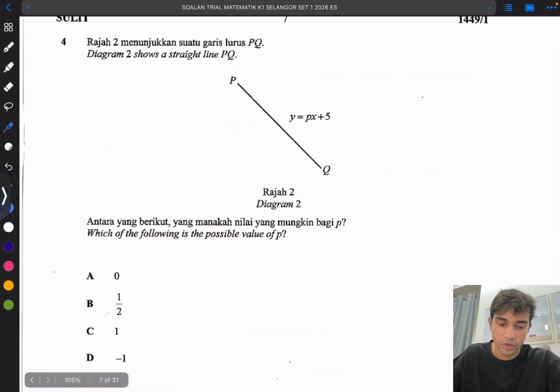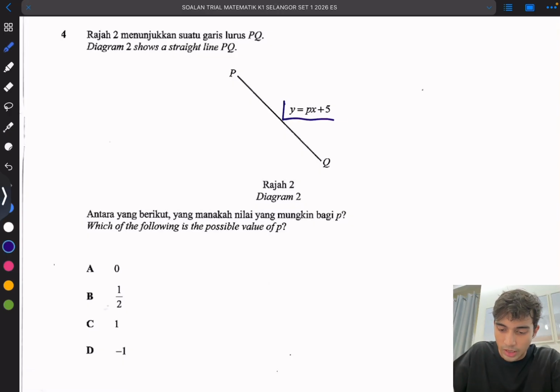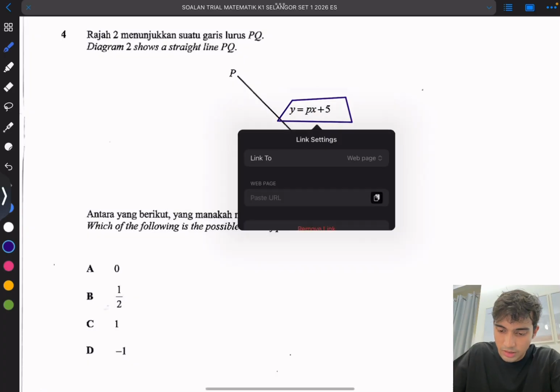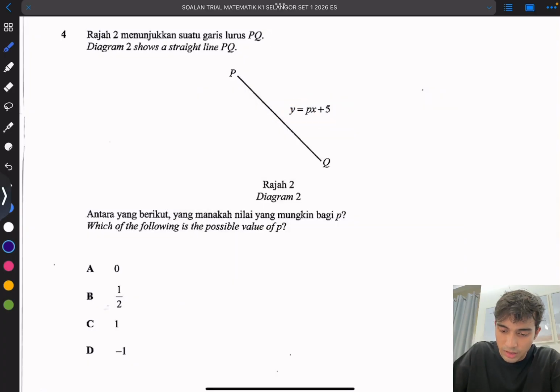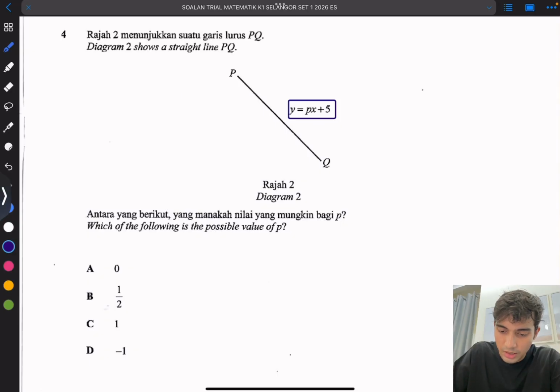Question 4. Diagram 2 shows a straight line PQ. Okay. So they gave us the equation of the straight line. So a straight line is normally written as y equals mx plus c. So this is y equals mx plus c. All right. Which of the following is a possible value of p?